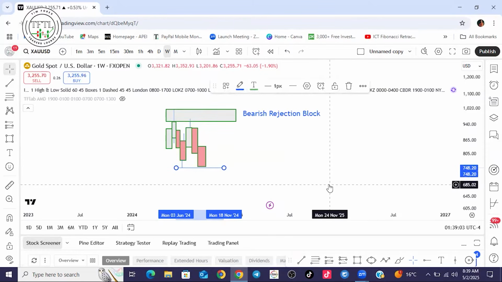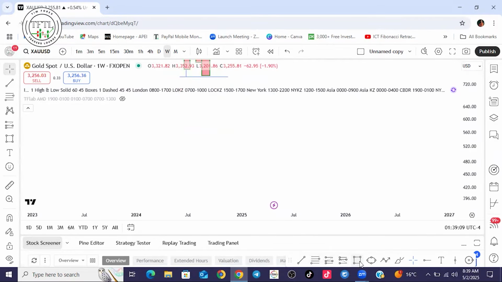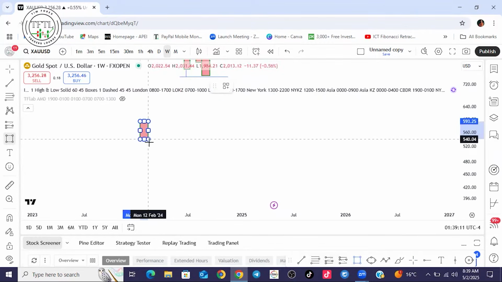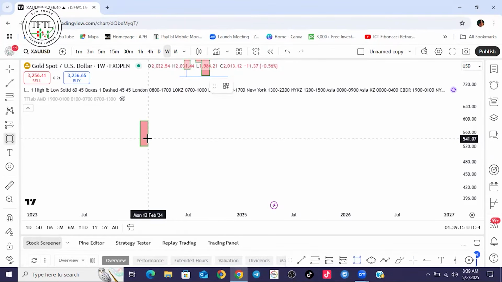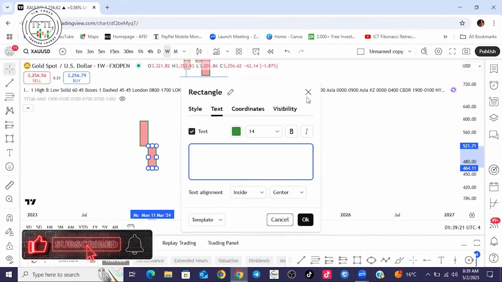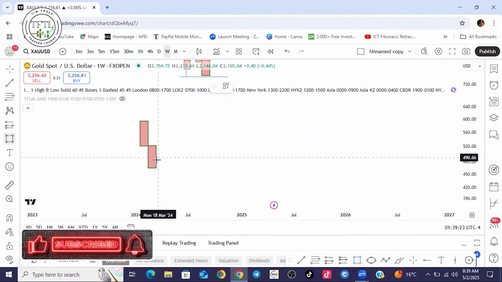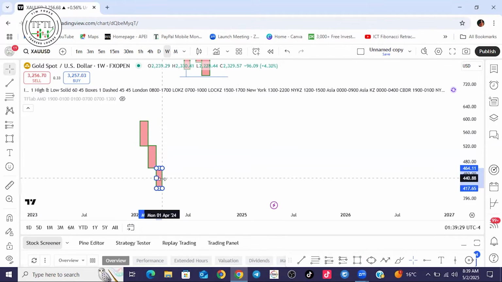When you talk about a bullish rejection block, it is when we have a sell program. So the price is dropping, and we see prices pushing on the downside. This is a sell program. Prices have been pushing downwards.